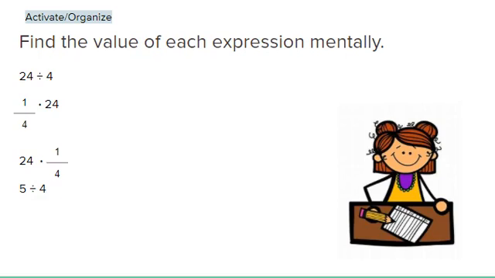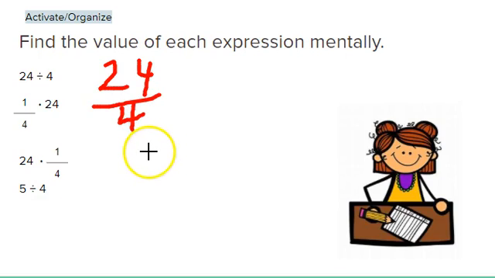What about 5 divided by 4? Well, think about it. So 24 divided by 4, we could have rewritten as 24 fourths. Remember, those fraction bars are just another way to do division. And this relates into what we're talking about with ratios as well.